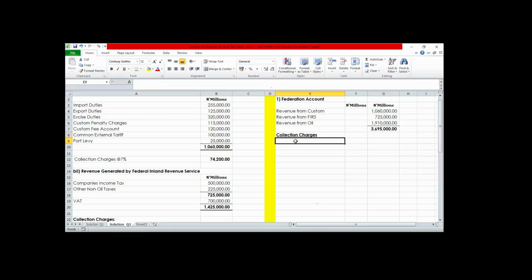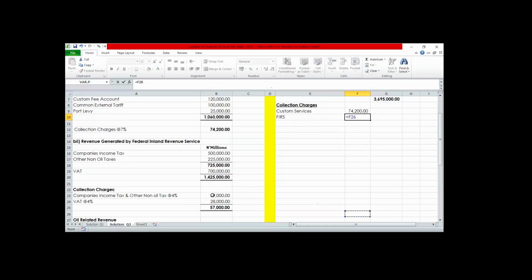The collection charges, we have customs. How much is for customs? 7,400. Federal Inland Revenue Service, you recognize only that 29.